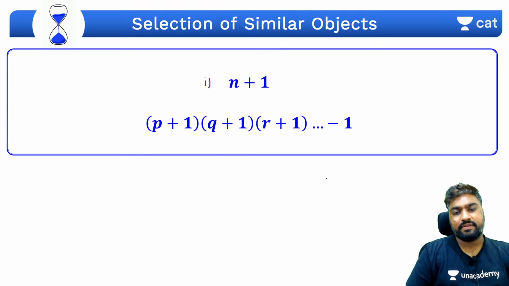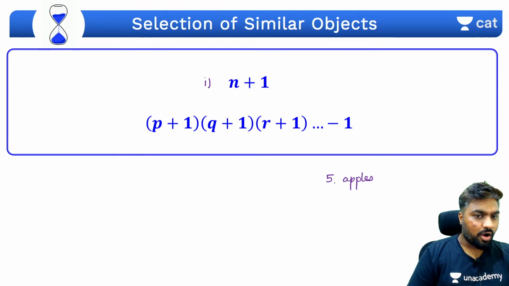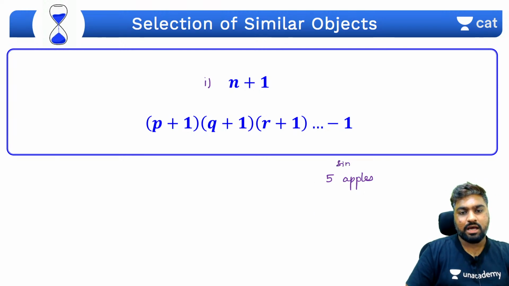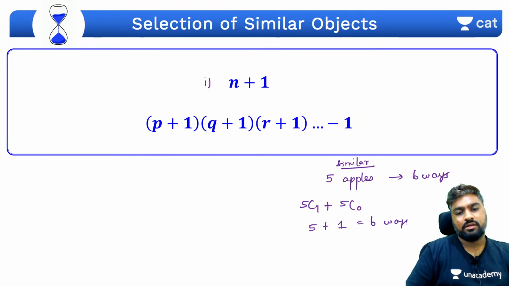So let's say there are 5 apples, all similar apples. Then there'll be 6 ways of selecting them, which is 5C1, selecting 1 or not selecting anyone. 5C1 is 5. 5C0 is 1. So there'll be 6 ways of selecting similar objects.